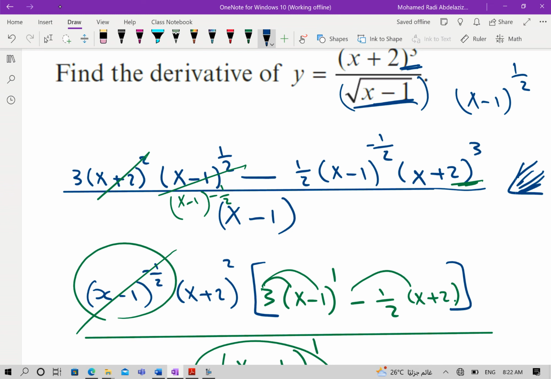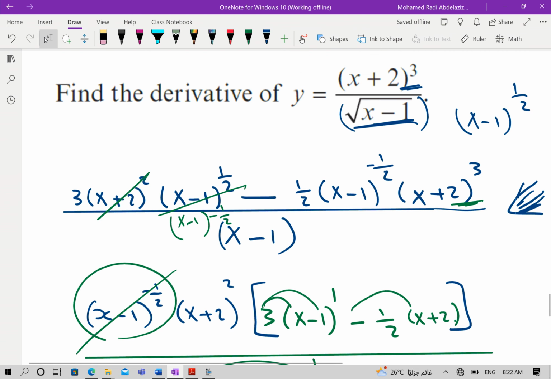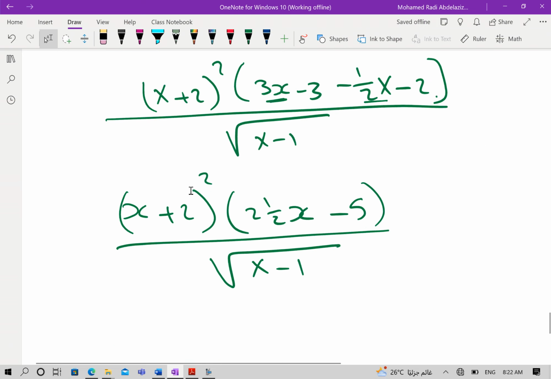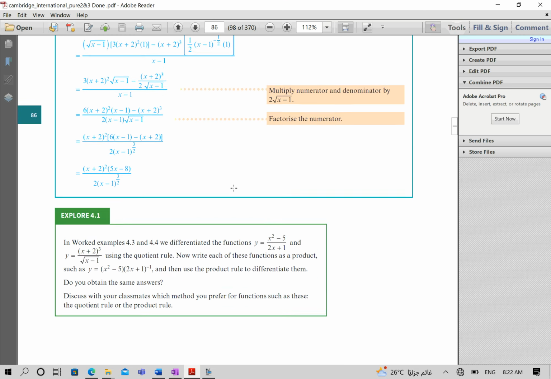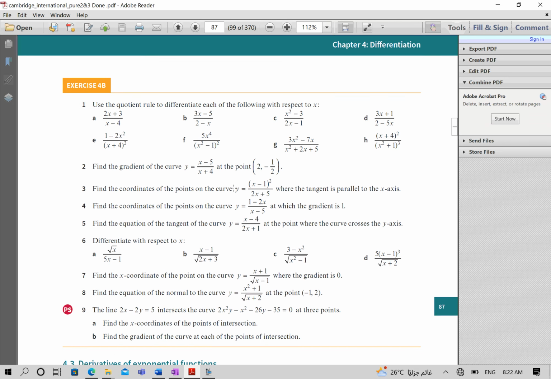So if you factorize it, it will be easy to solve your equation directly. But in the question, if I ask you to get the equation of tangent and normal, no need. Just differentiate, substitute the value of x, get the gradient, get y. If it is not given, then find your equation. But we try to simplify to be easy to solve it in case I ask about the stationary point.